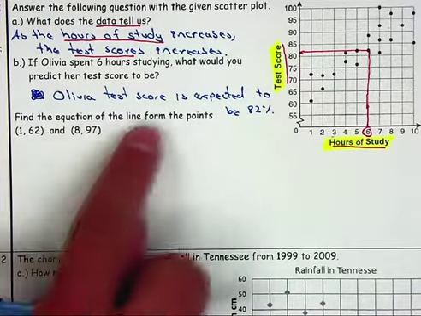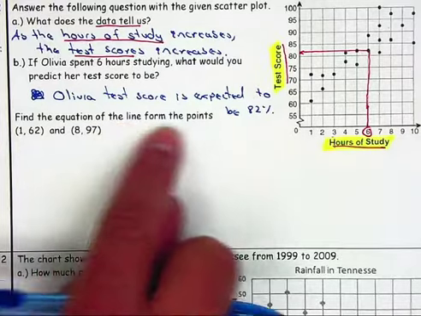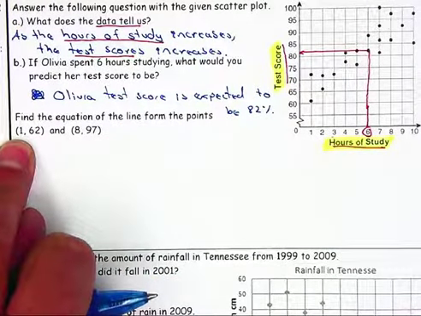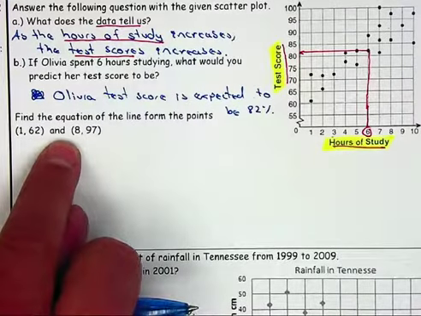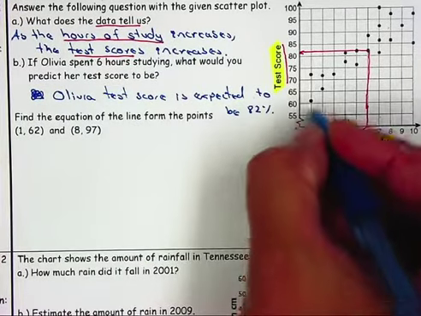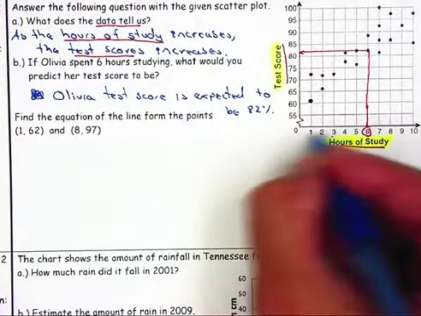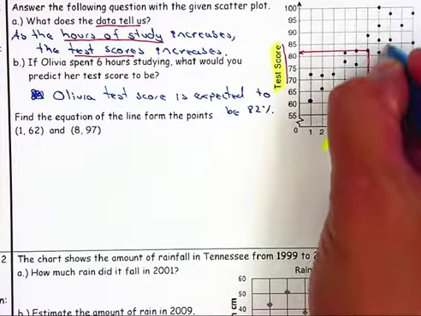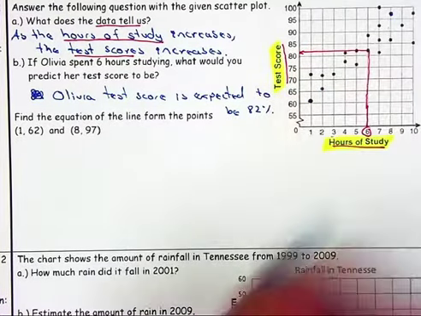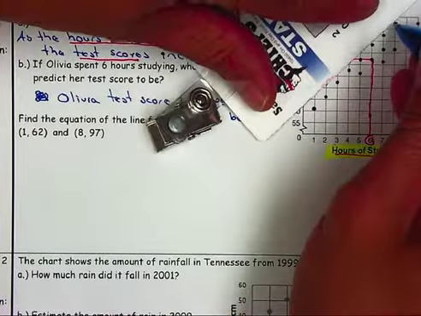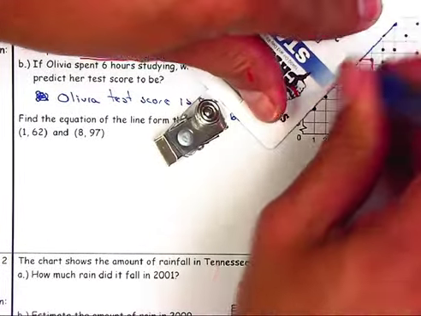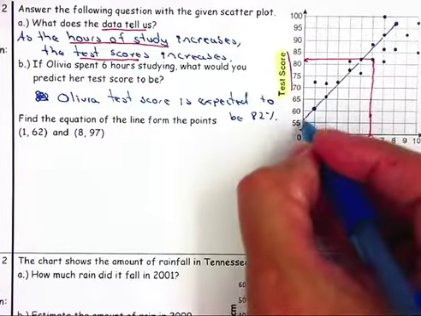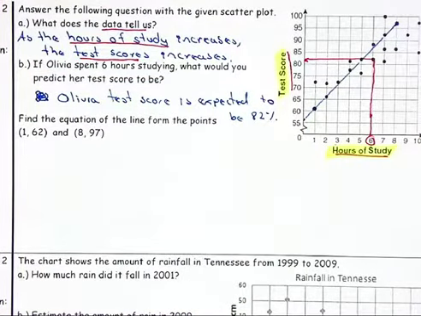Find the equation of the line that forms from the points (1, 62) and (8, 97). So 1, 62 and 8, 97. I'm going to connect those 2 points. And I'm going to find the slope.